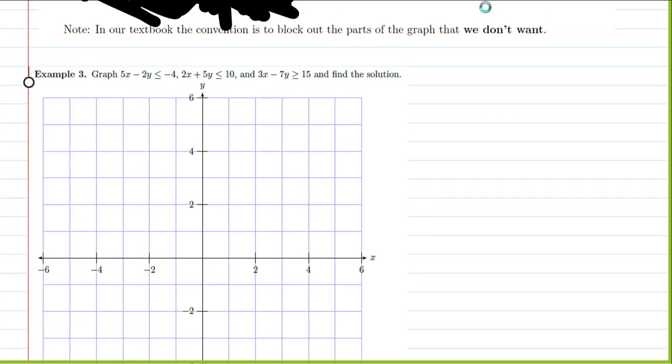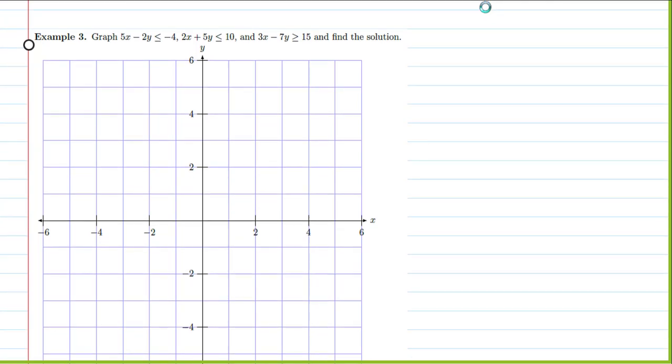We want to graph each of these and find the corresponding solution sets. We have 5x minus 2y is less than or equal to negative 4. 2x plus 5y is less than or equal to 10. And 3x minus 7y is greater than or equal to 15.